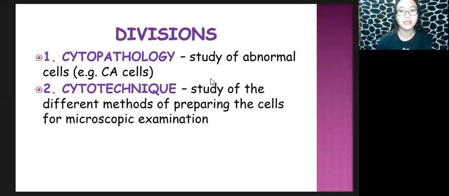One is your cytopathology. From the term itself, this is the study of abnormal cells which are correlated to the presence of a particular pathology or a particular disease or disorder.